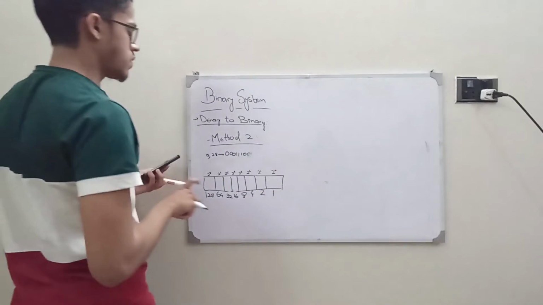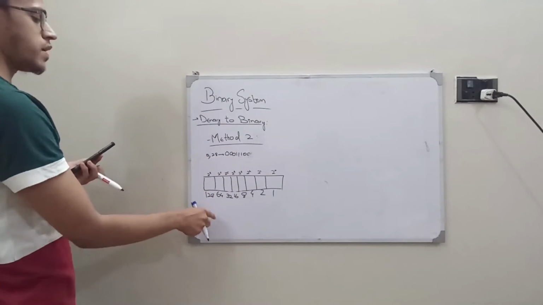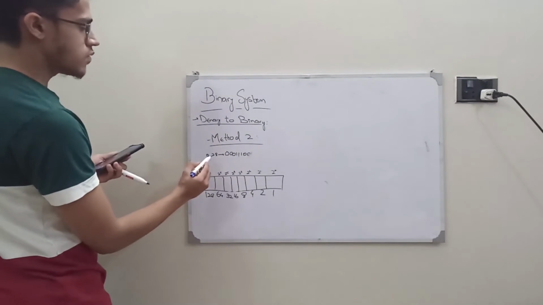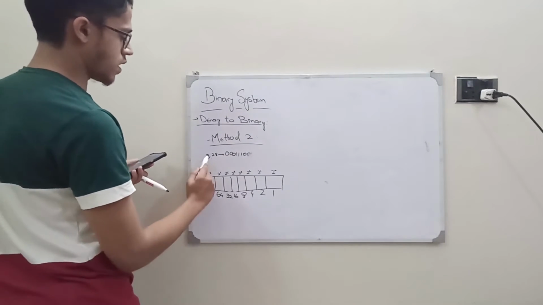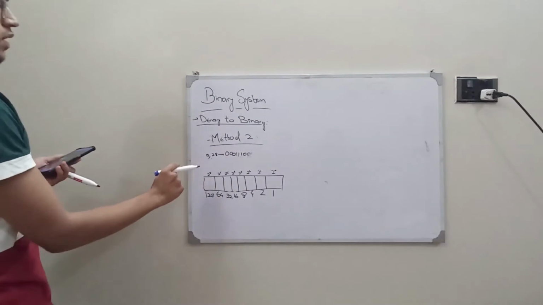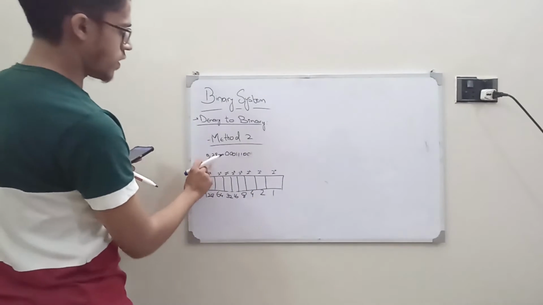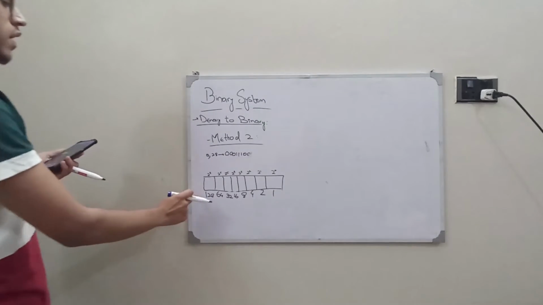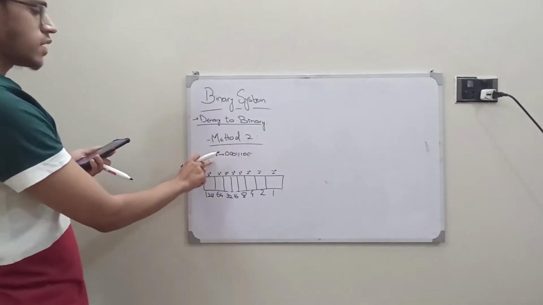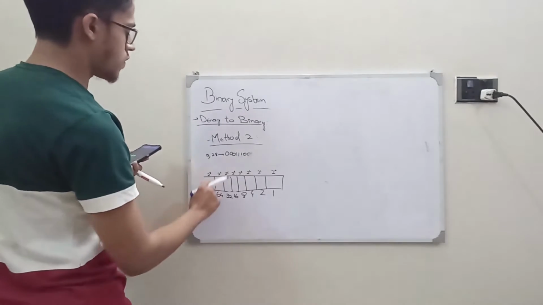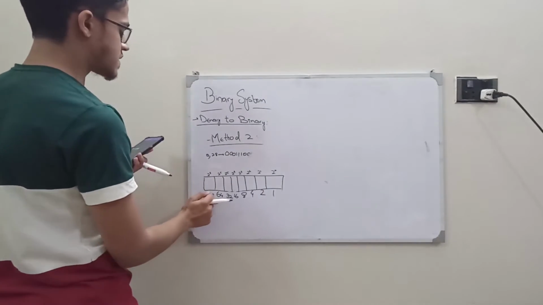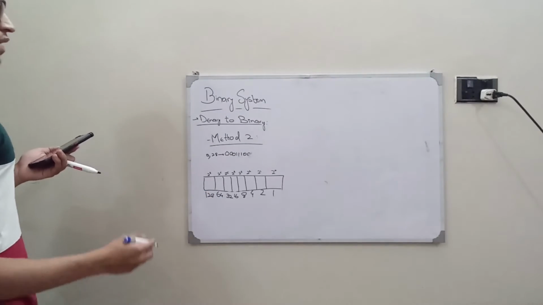Now the way we are going to convert this number is like this. We are going to compare this number with every number starting from the left. If the very first number is 128, and we compare it with 28, of course 128 is bigger than 28, which means that in the final answer this 128 cannot be added.